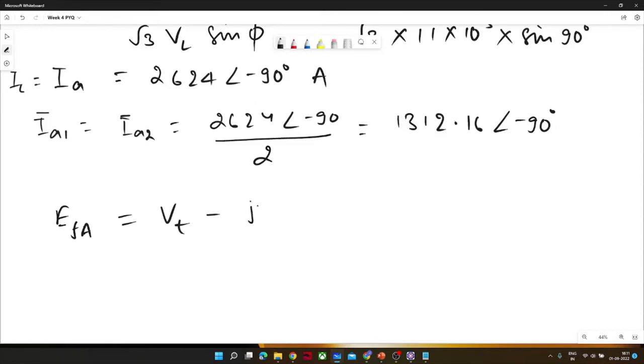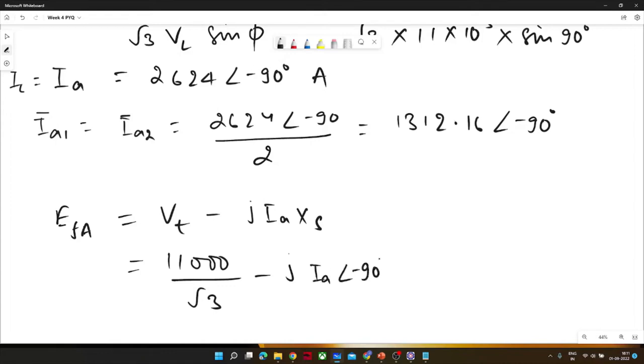I will break all the components into phase values: 11,000 divided by root 3 minus J into IA angle minus 90 into XSA.